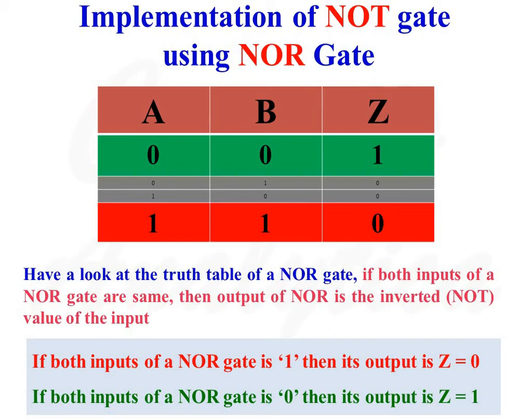We are not interested in the second and third input combinations 0, 1 and 1, 0. From this truth table we can conclude that if the same logic value is applied to the two inputs of a NOR gate, then the output is equal to the complement of the input.